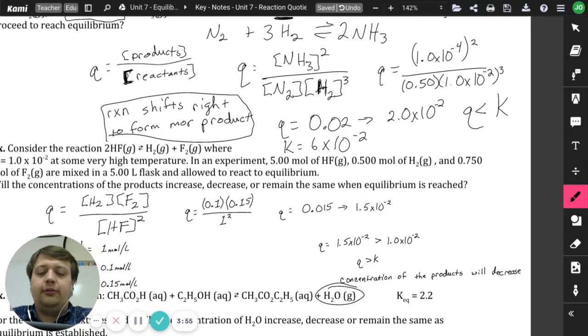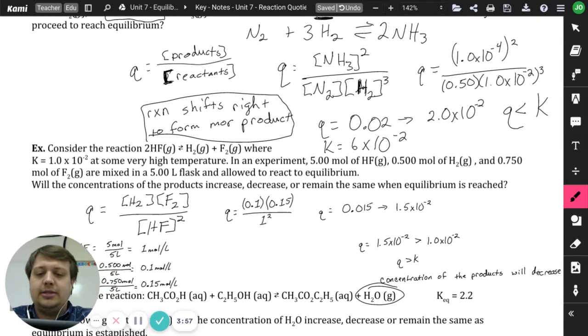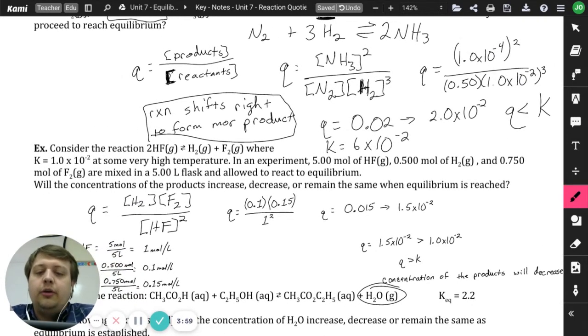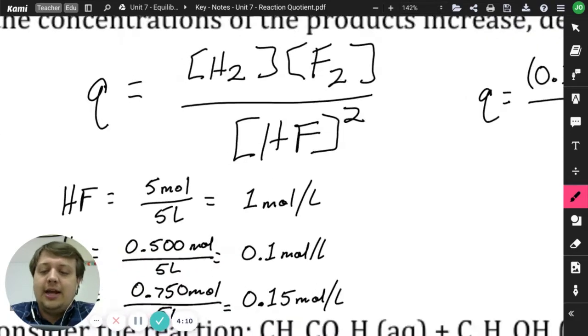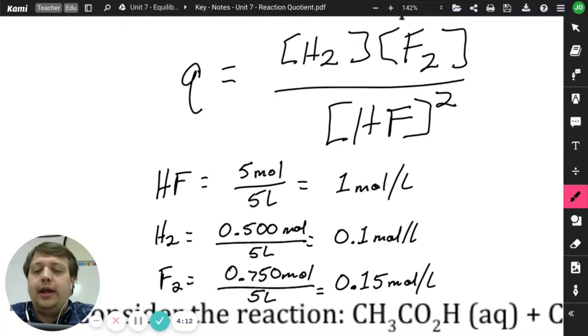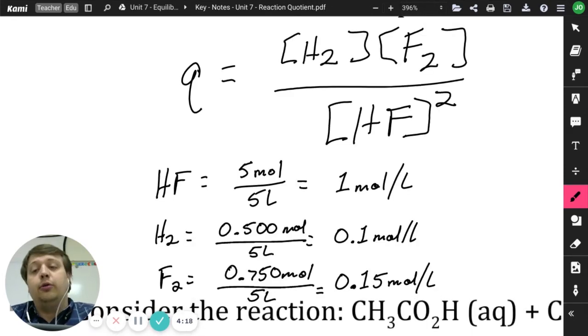All right, so let's take a look at this next problem here. What y'all first off should have recognized is that the moles that they gave us was not in molarity, right? We didn't have our actual concentrations. So the first thing that I did was convert those different numbers of moles into the concentration that we use, which is moles per liter.